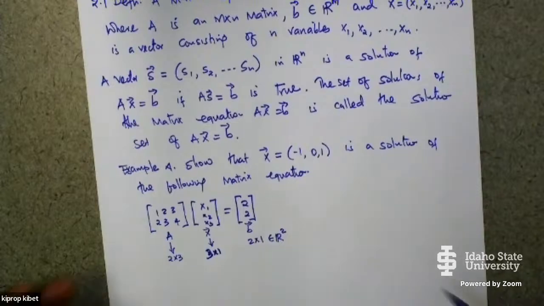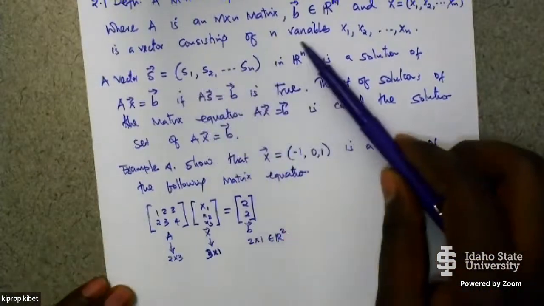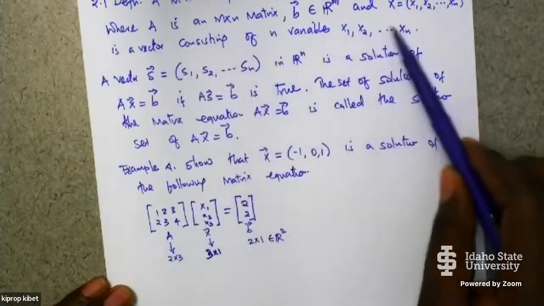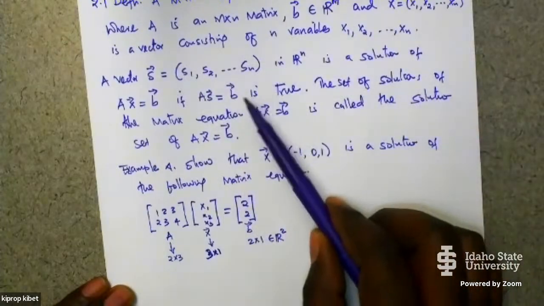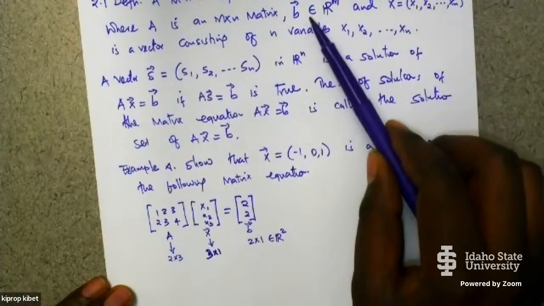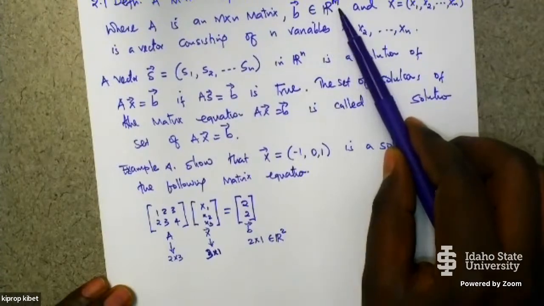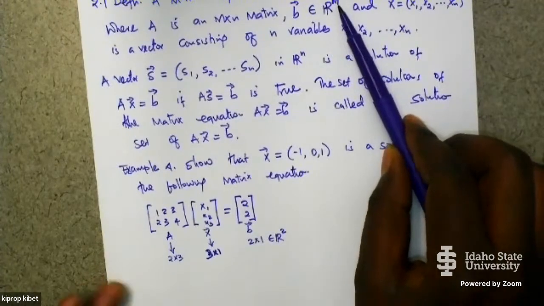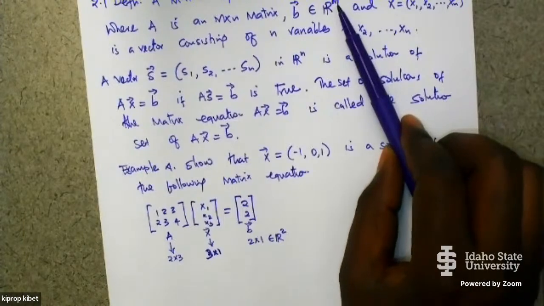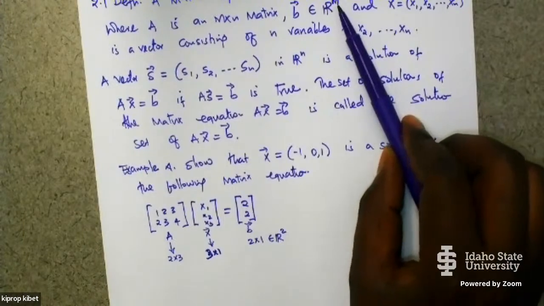As we can see from this definition here, the vector B is an element of Rm, and this m is the number of rows, or the number of entries.